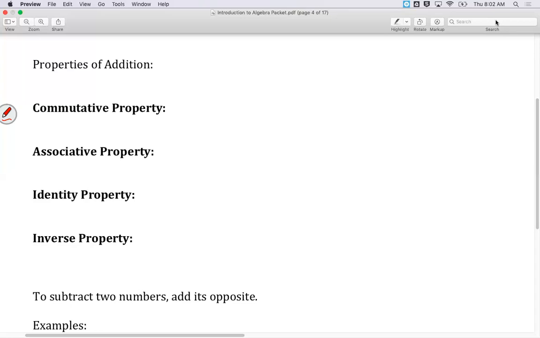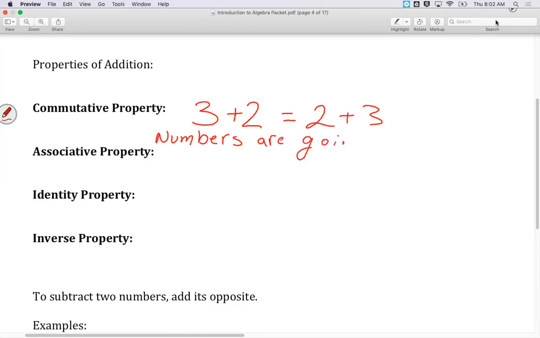So the commutative property is this, Sophie. Okay, if I have 3 plus 2, that's the same thing as 2 plus 3. Notice the numbers are going back and forth.